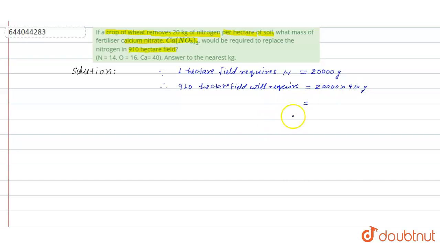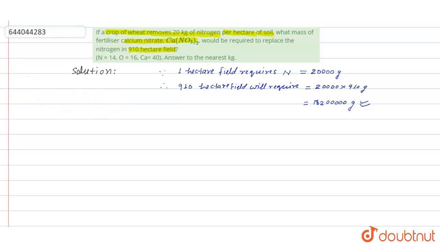This will come 18,2000 gram, that is 182 followed by 1, 2, 3, 4, 5 gram. This much nitrogen will be required for a 910 hectare field.